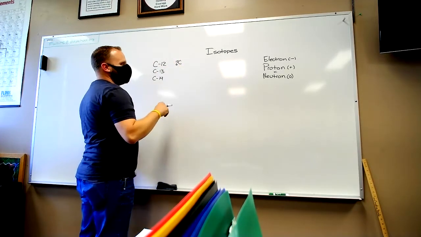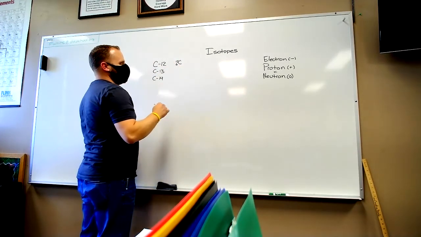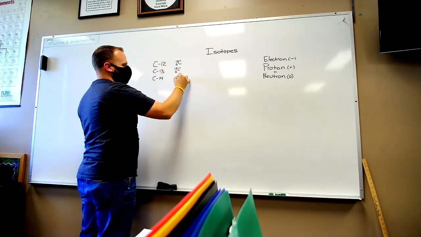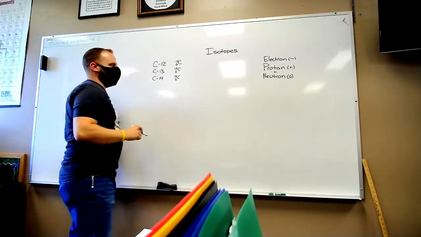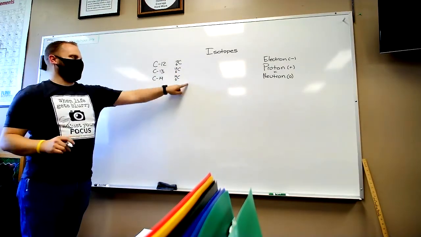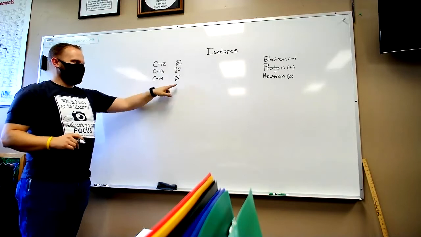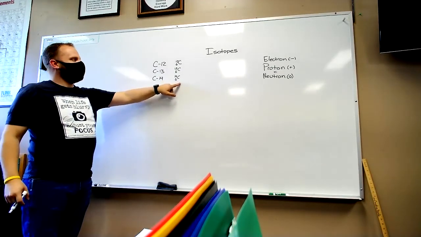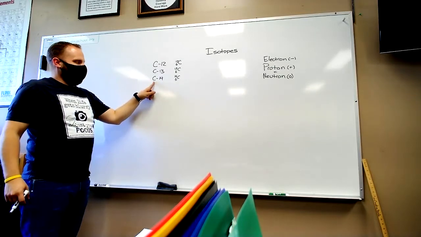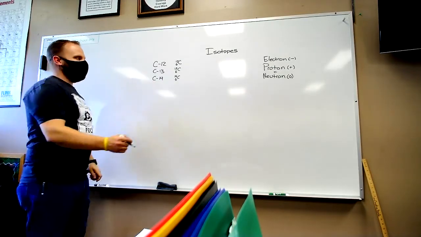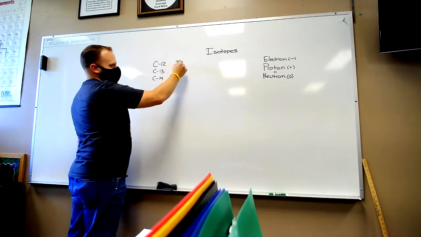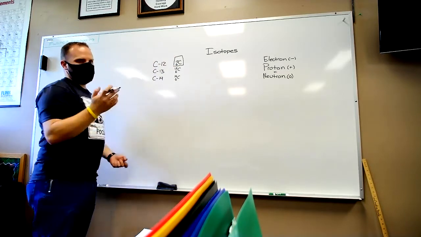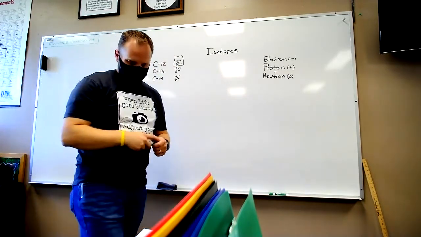That's how many total pieces in the nucleus. So you'll see it written both ways. This is probably a little more correct, but you'll see this as well, mostly because that's how we would say it. If you were reading a paper that had that in it, you would say carbon 12. So, anyway.